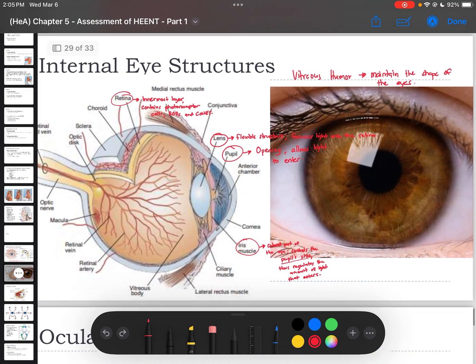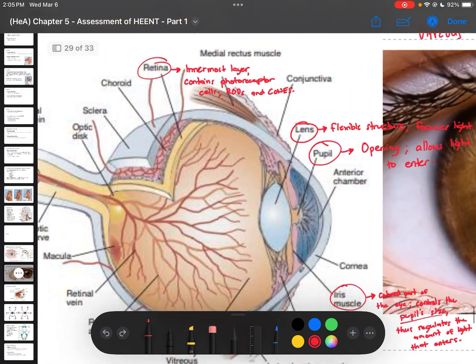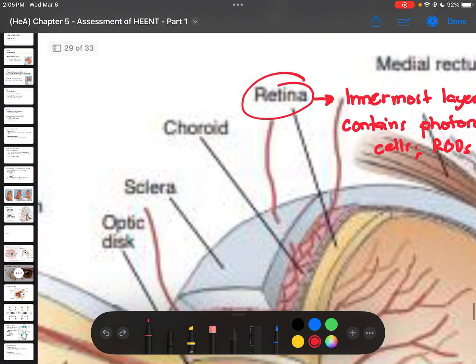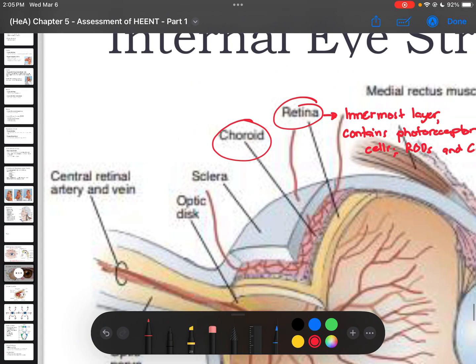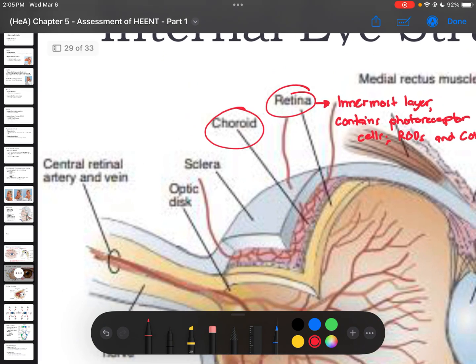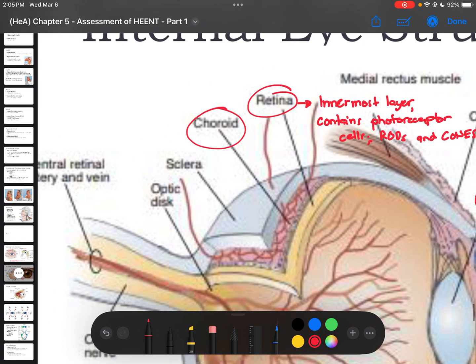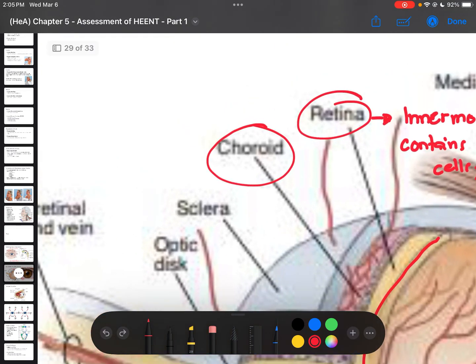Next is our choroid. Choroid is the layer after the retina. If the retina is the innermost, then superficial to that is your choroid. The choroid, class, is very simple. It is highly vascularized.